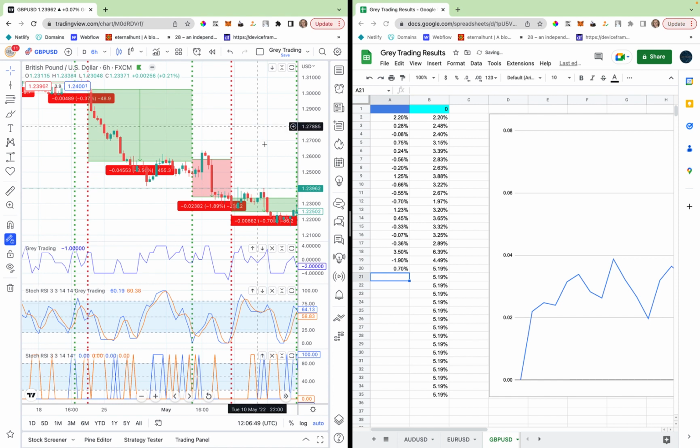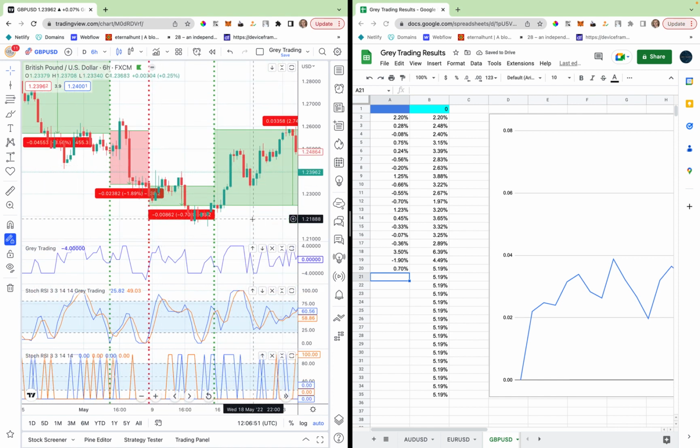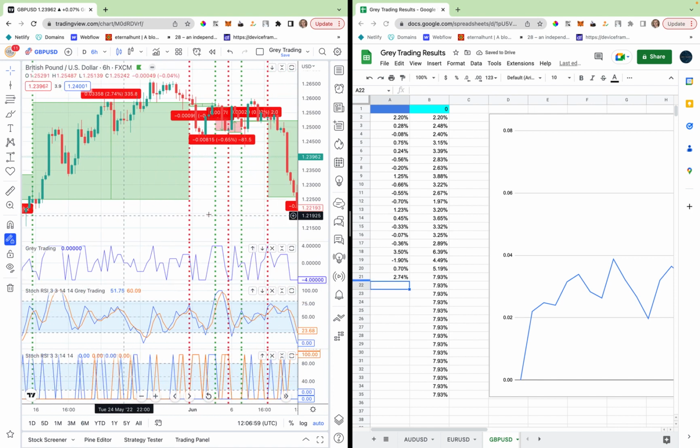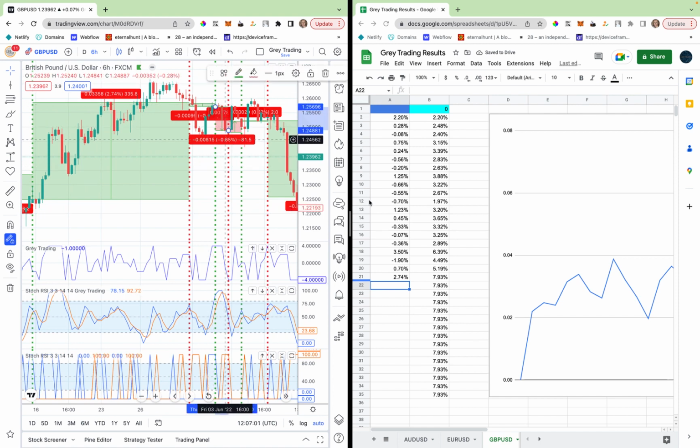And you can backtest it yourself if you want to do the years from 2000 to 2022, which it performs just as well on. It's a very good strategy.